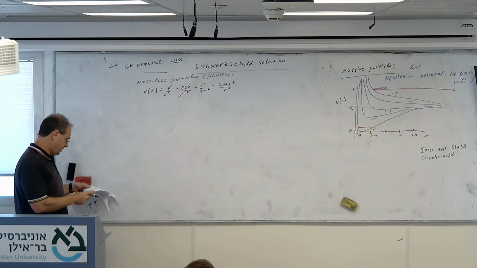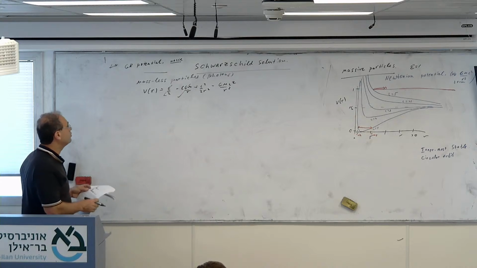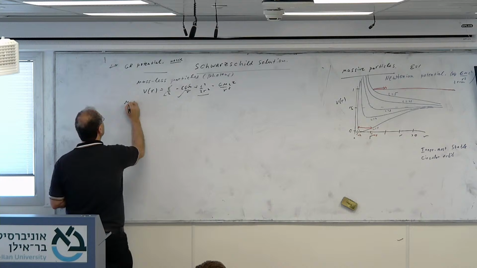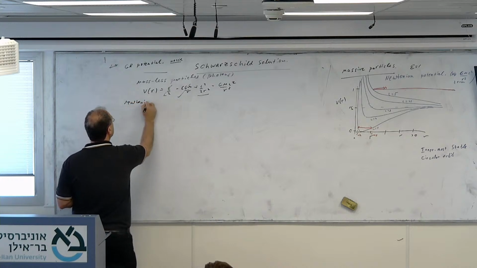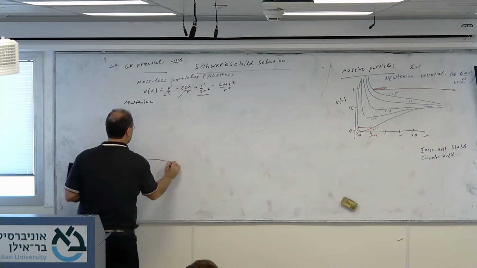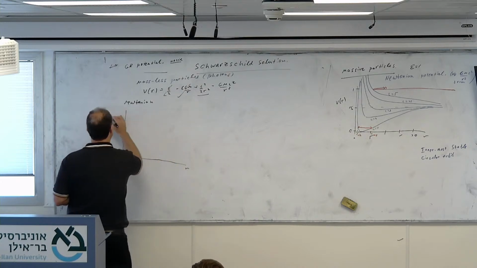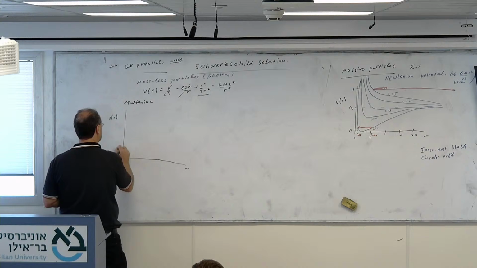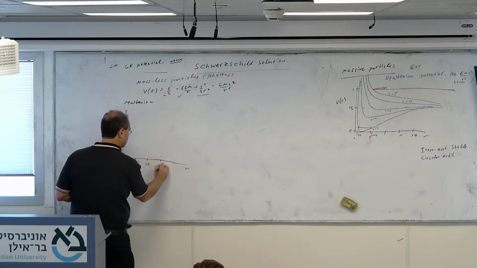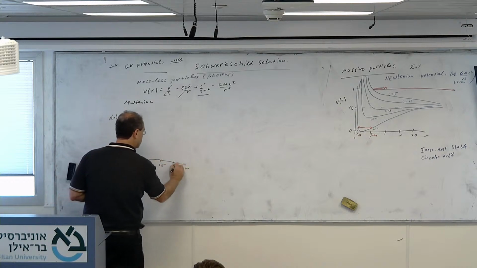And of course, in the Newtonian case, we only have that. So for Newtonian, something which is very simple. This is R, this is V of R, and so we put 1, 0, 5, 10, 15, 20, 25.